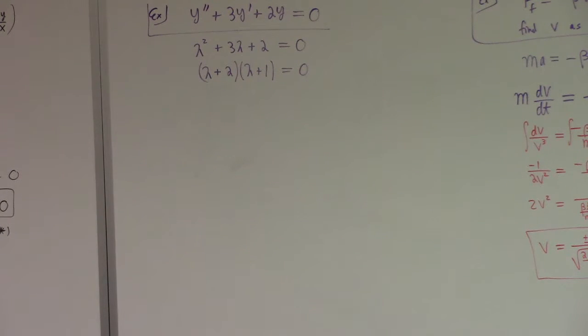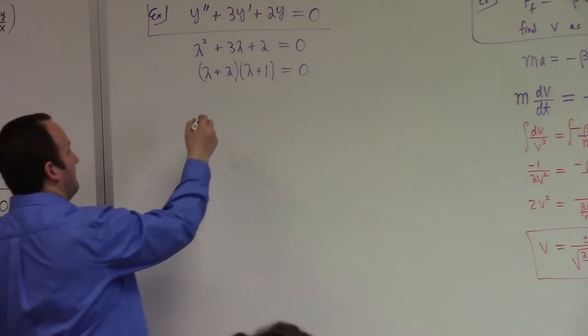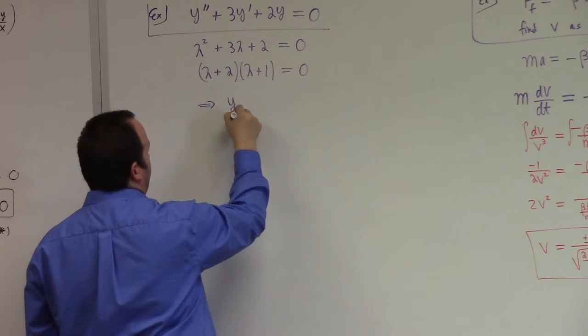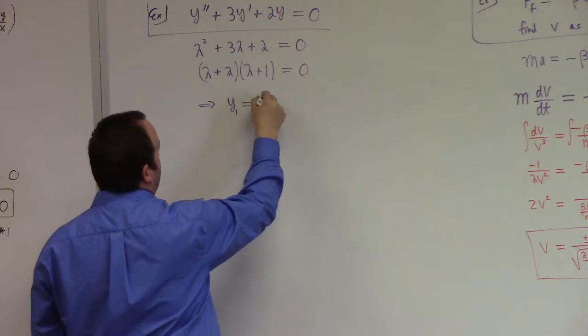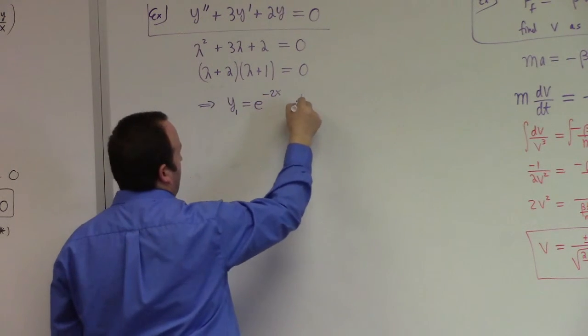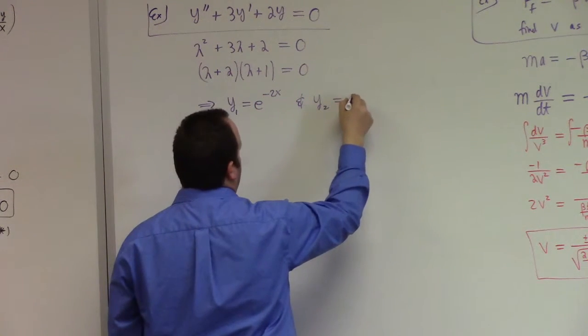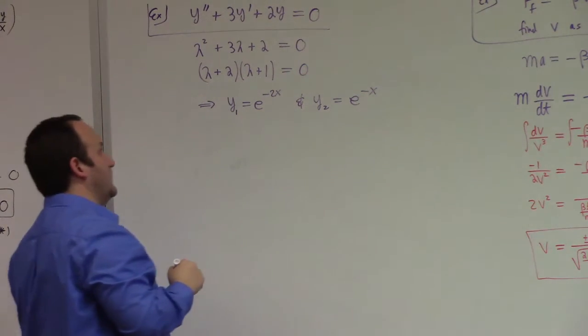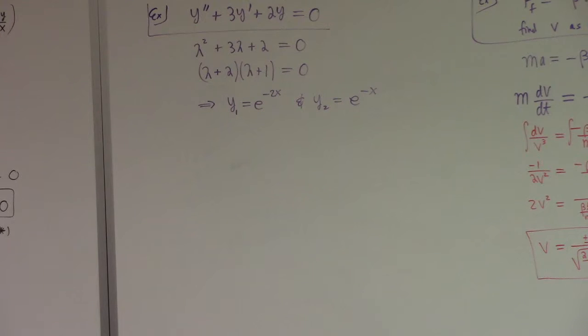So what does that tell me? My first solution y1 is e to the minus 2x, and y2 is e to the minus x. Those in fact will be solutions to the given differential equation.